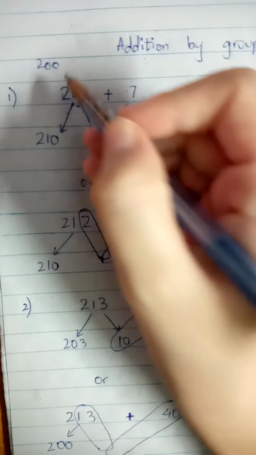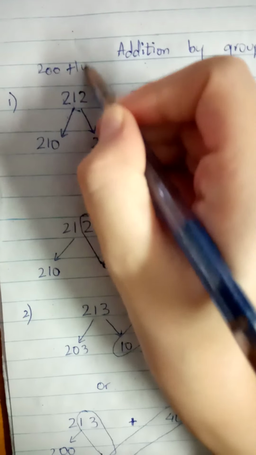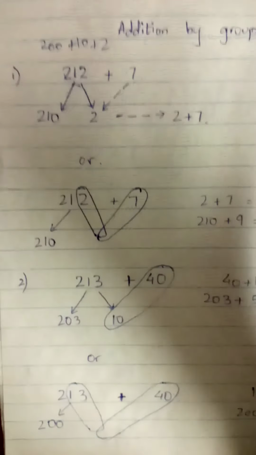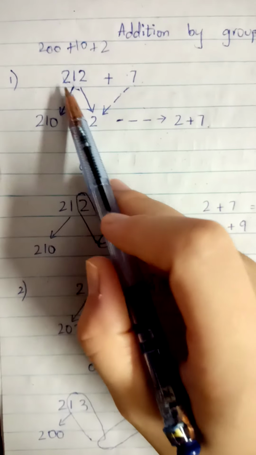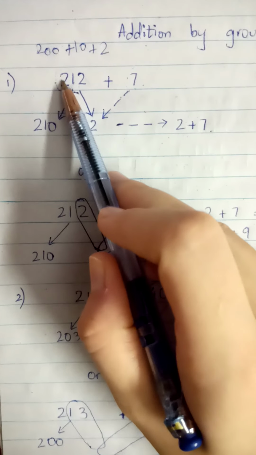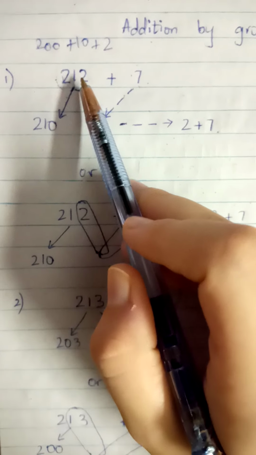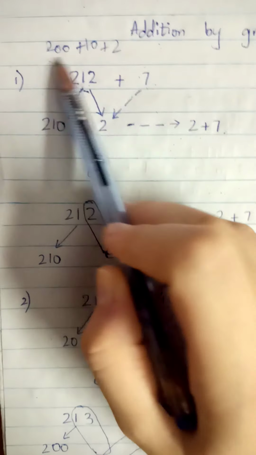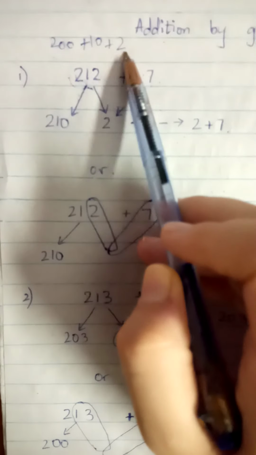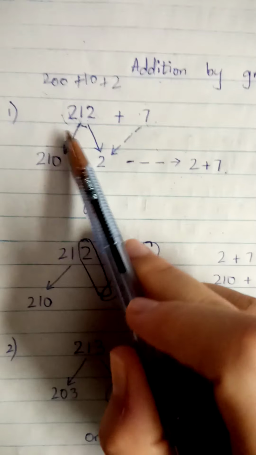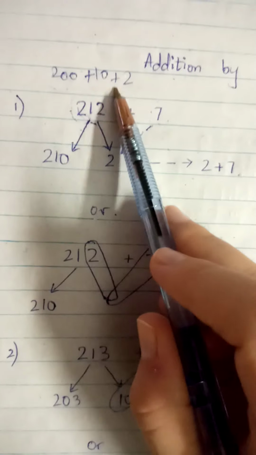This 1 stands for 10, so it will be plus 10, and this 2 stands for units, so it will be plus 2, right? We have learned that if I divide it into the values of each and every digit, I get 200 plus 10 plus 2. So by this, I know that this 212 is equal to 200 plus 10 plus 2.